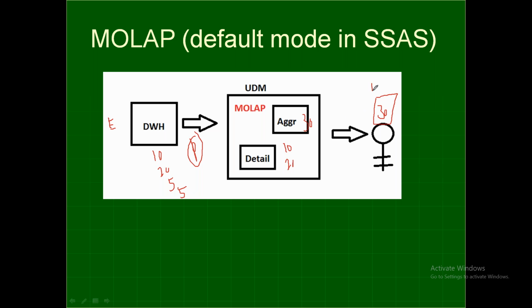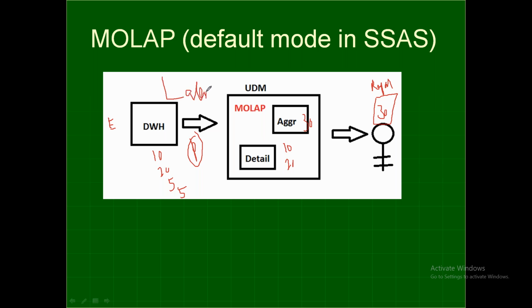You have to show 40 in the reporting. So 40 will not come even though you refresh. Even though you refresh, reporting will always get 30. Why? Because until and unless you process, you don't get the data. Even though data is available in the data warehouse, if you don't process the data, you don't show the latest values. So there is a problem of latency, delay.